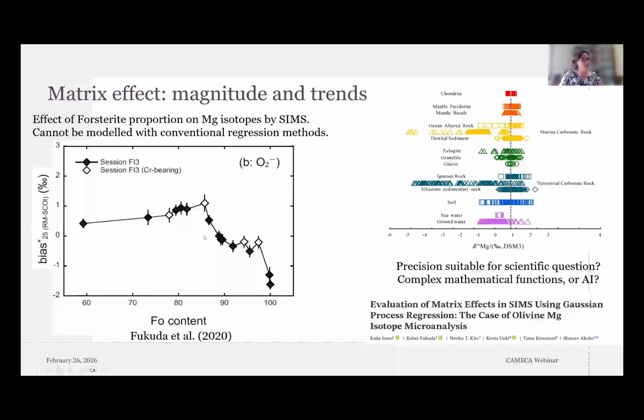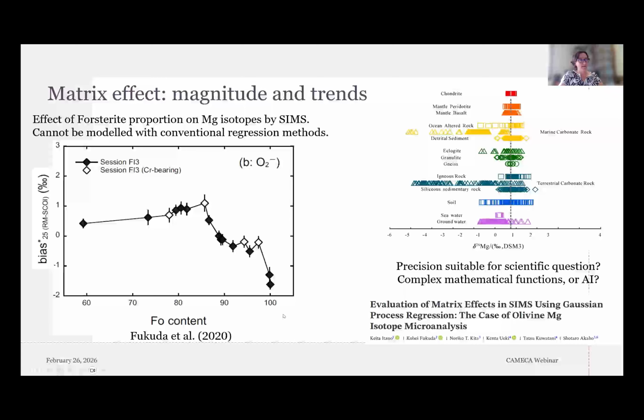Last, I just want to show you the example of the effect of magnesium content in olivine for magnesium isotopes this time. And what we see in this example is that it's a function that is really difficult to model using conventional regression methods.